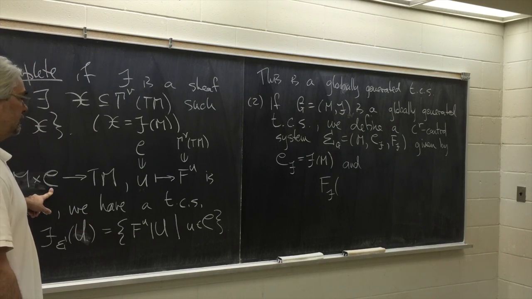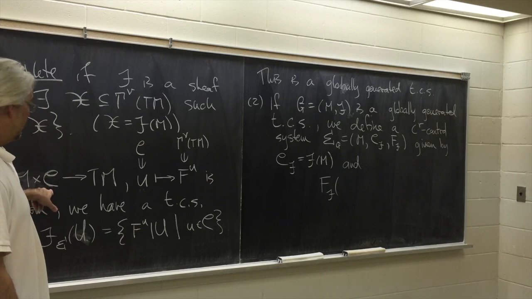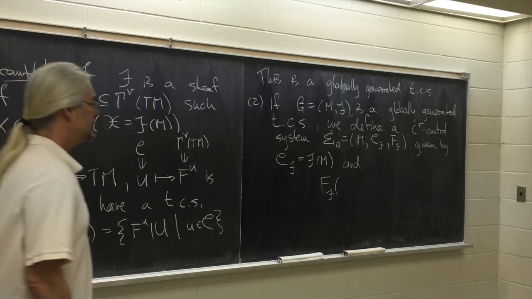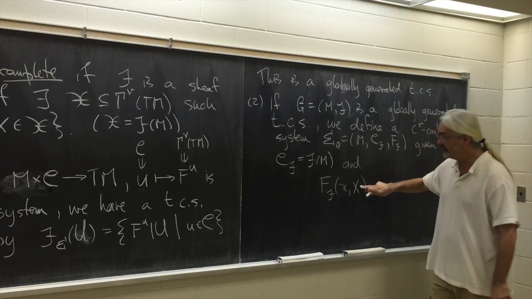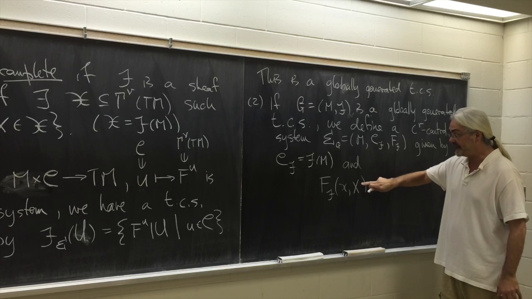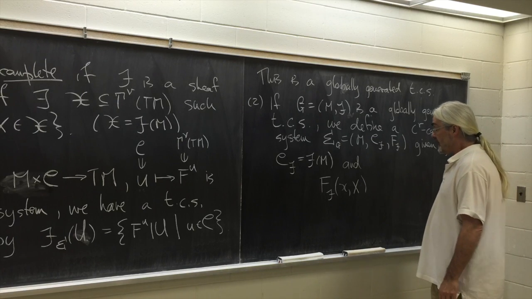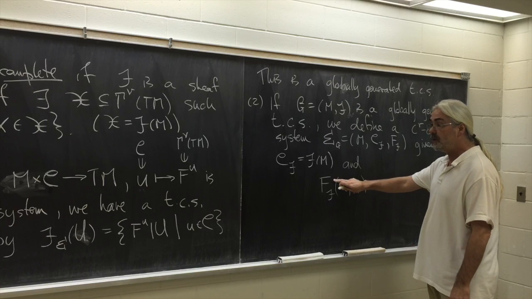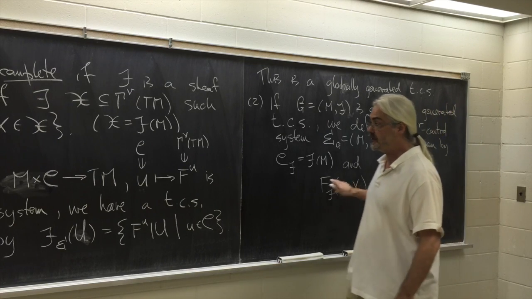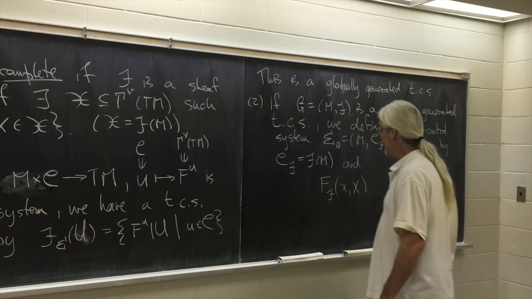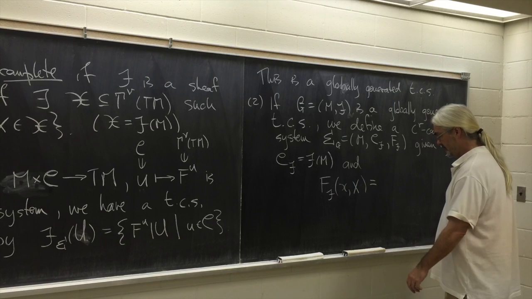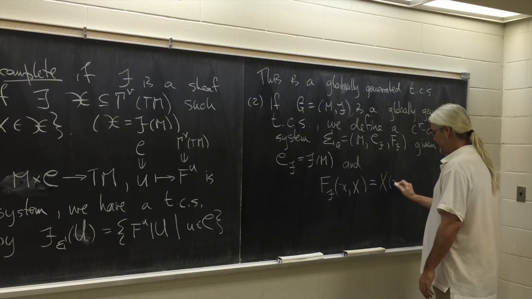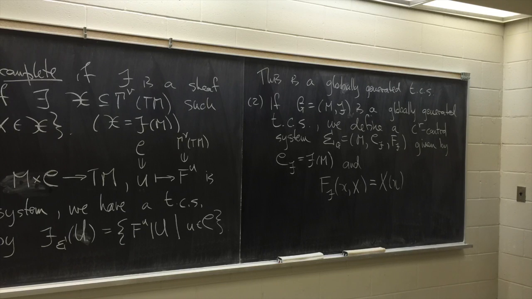Either way requires squinting to understand, and I'm going to make the choice of writing an element of the control set as capital X. In this world of thinking about things, that's a control. The rule is that this should define for me an element of the tangent bundle, in the tangent space at x. And then there's only one way to assemble this notation to give me a thing in the space that I want, and that's that.